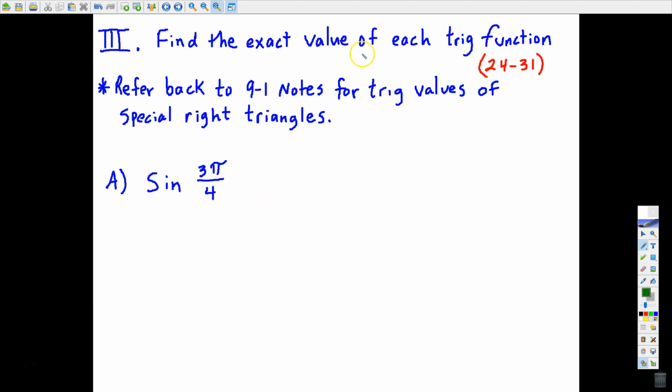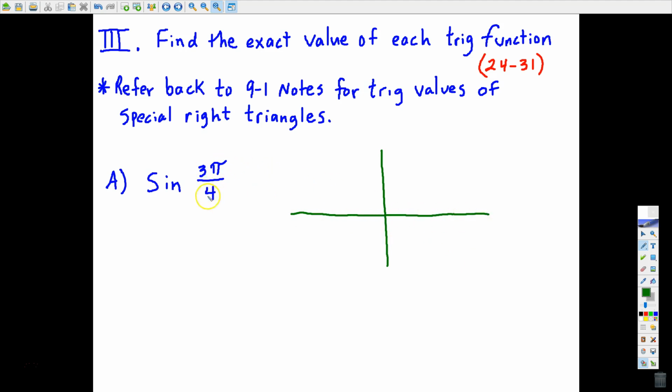So we're supposed to find the exact value of each trig function. So let's think about this. Sine 3 pi over 4. What does this angle 3 pi over 4 look like if we were to sketch it?